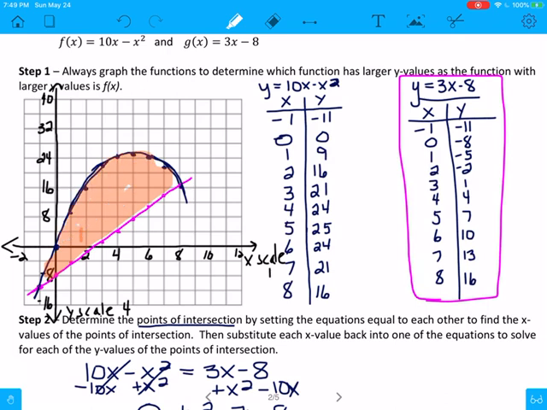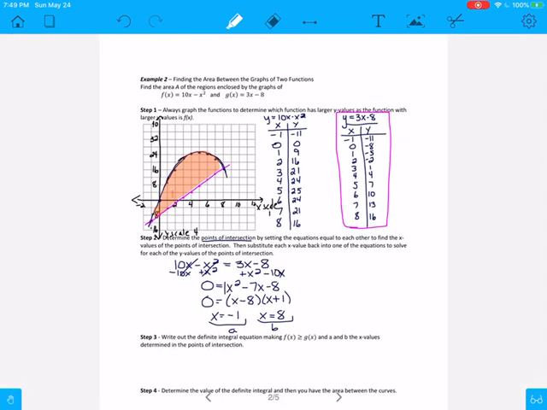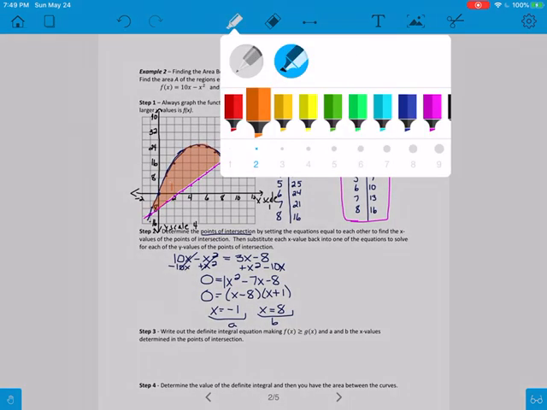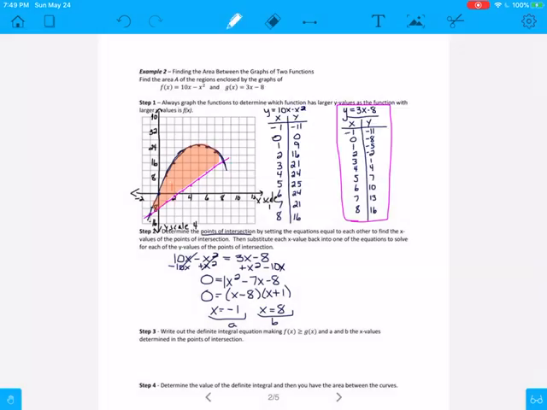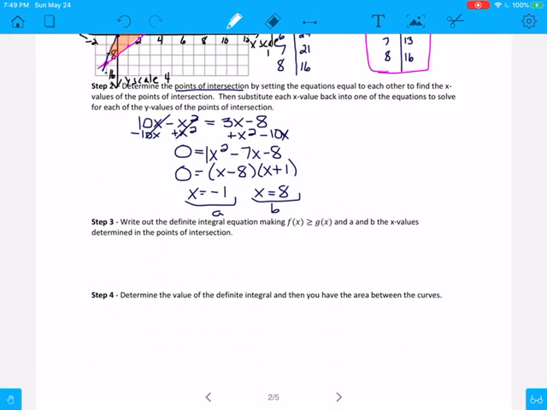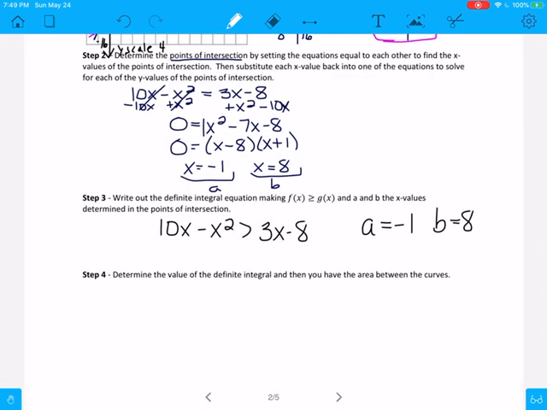And then when we do the integral symbol, we have to figure out which one is higher. Well, the one that's higher is actually the quadratic. So we know that we have 10x minus x squared is greater than 3x minus 8. And we know our a equals -1 and our b equals 8. And then I can do my integral.